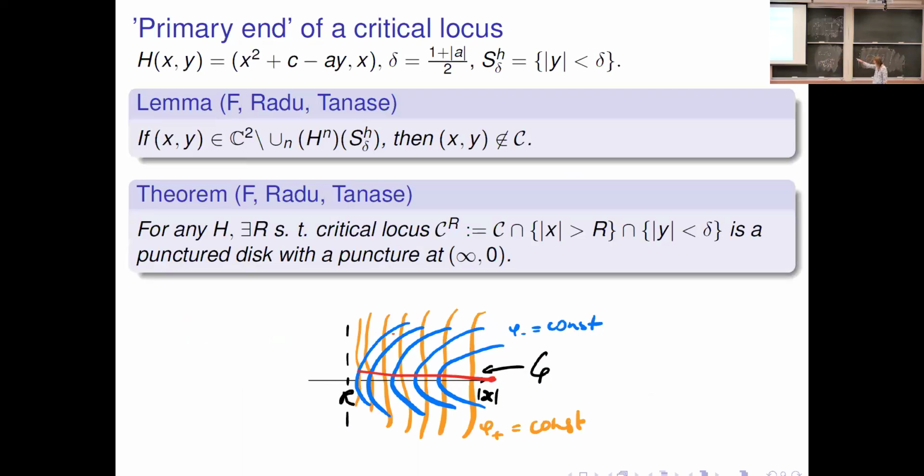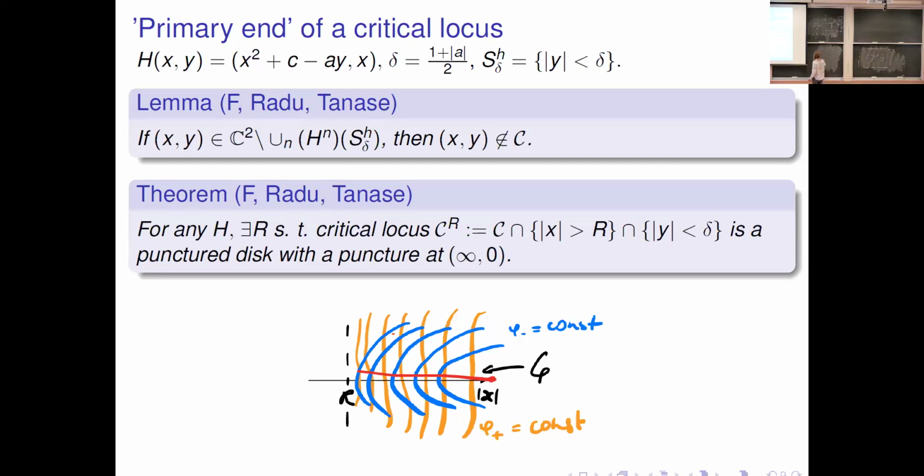So first, like I defined the critical loci, let me give some things that we know about the critical loci. First, there are a lot of places where the foliations are tangent. So it means there is no critical locus.